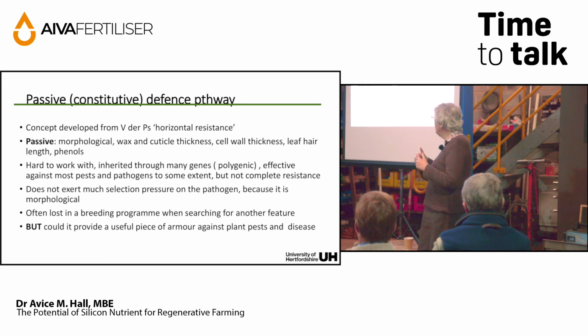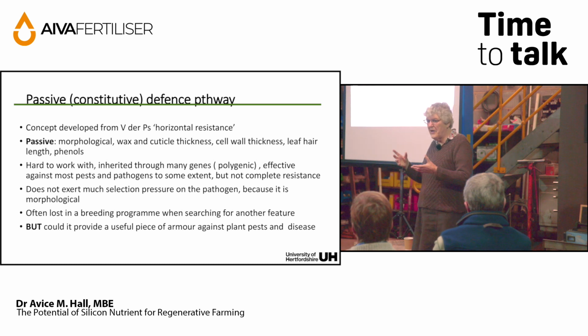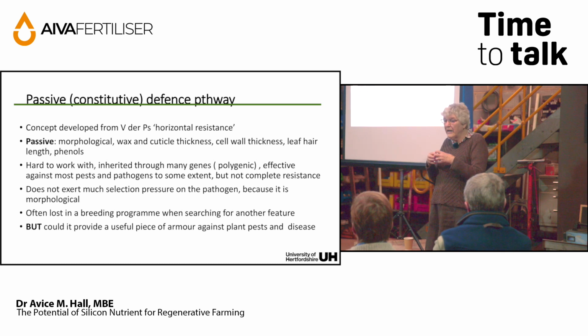So this morphological thing is really important, and it's effective against pests and diseases. It includes wax and cuticle thickness, cell wall thickness, leaf hairs, phenols, all those sorts of things are there in the plant. And actually they are protecting the plant.